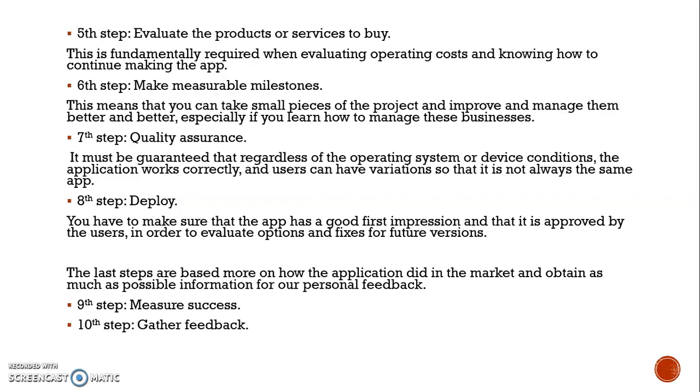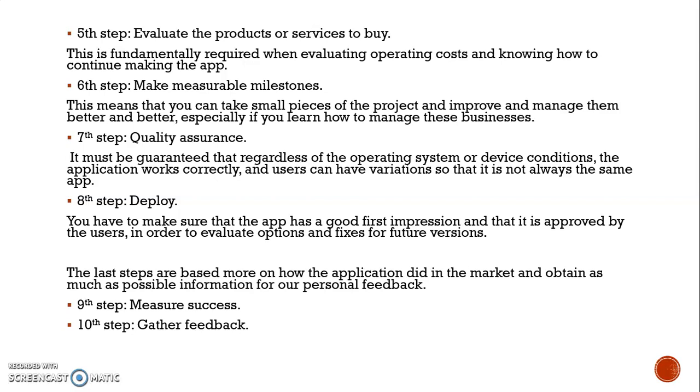The ninth and tenth steps are more like analysis that the team makes after months or days in the market, and so we can do an upgrade or improve the app.